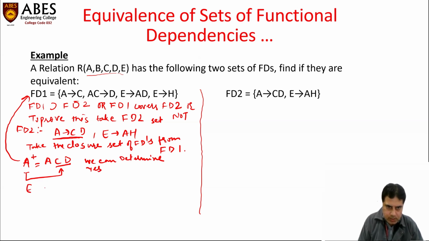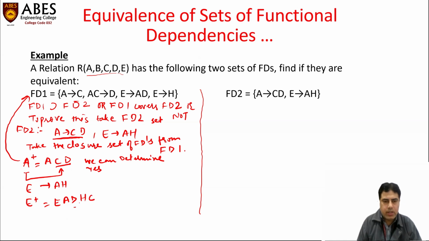Now take another FD, E determines AH. Now take the closure set of E from FD1. We can determine E to E, then E to AD, then E to H, A to C. We can determine from AC to D. D is already in the set.